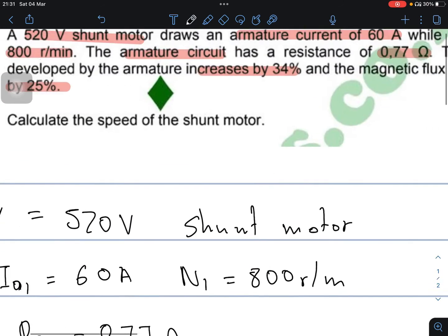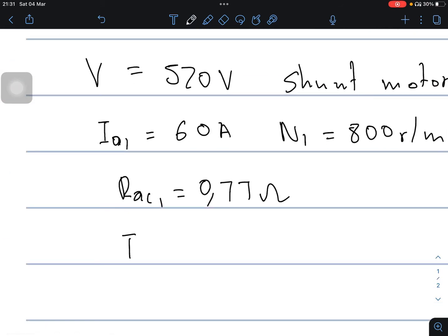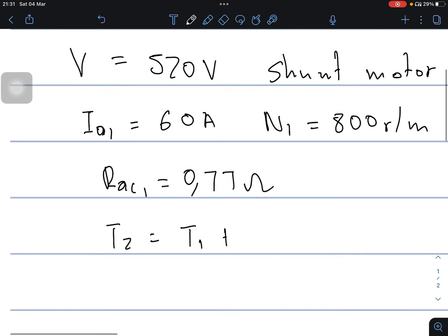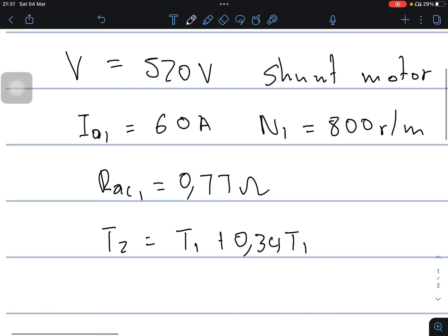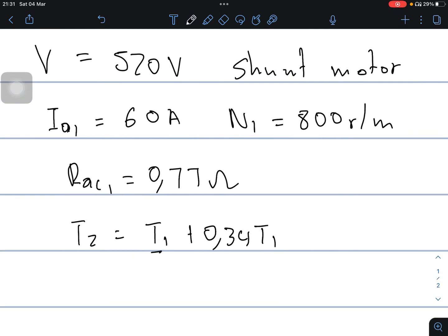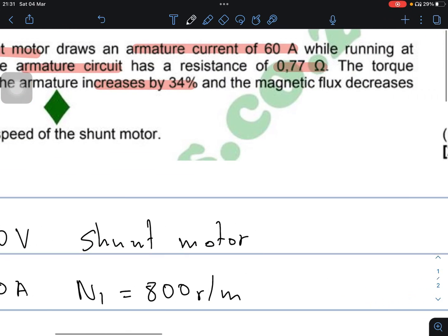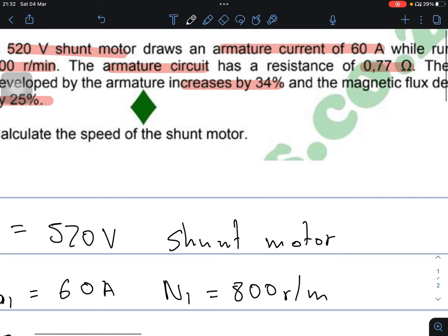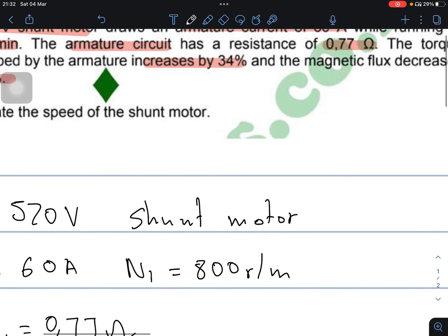Then they say the torque developed by the armature is increased by 34%. What does that mean, guys? It means that T2 is T1 plus 0.34 T1, because it's T1, then you add 34% of T1.